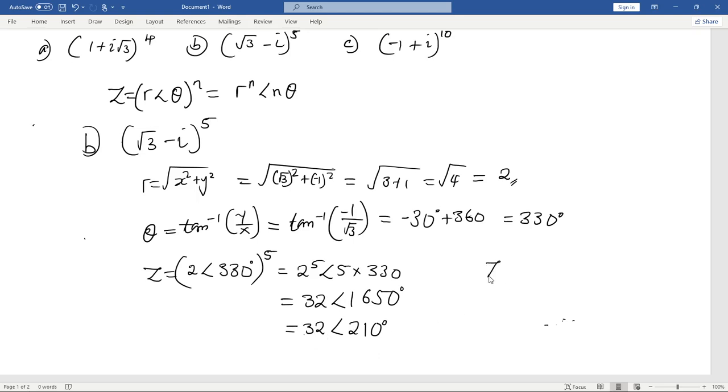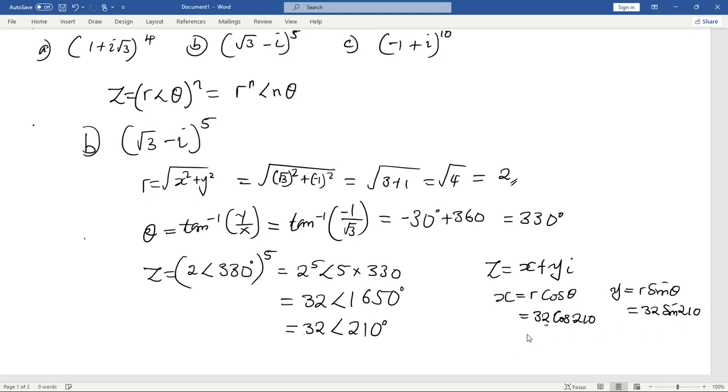We know that the rectangular form of a complex number is simply x plus yi, where the value of x is simply equal to r cos theta, and the value of y is simply equal to r sin theta. We have our radius, which is the modulus, to be 32. So 32 cos 210, and on this side, 32 sin 210.